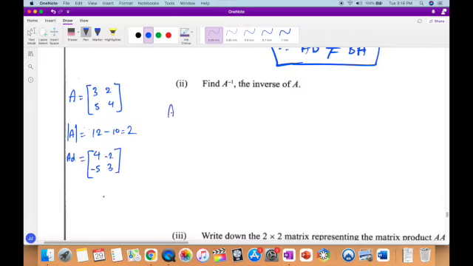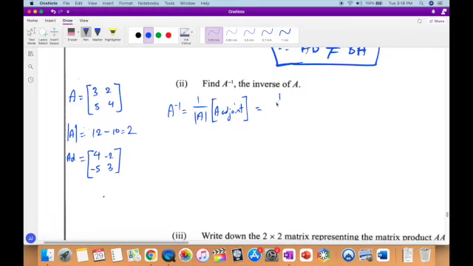So now A inverse is equal to 1 all over the determinant multiplied by A adjoint. And please make these statements so that the examiner will know what you're doing.